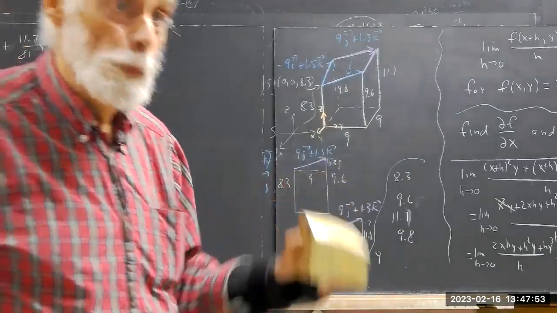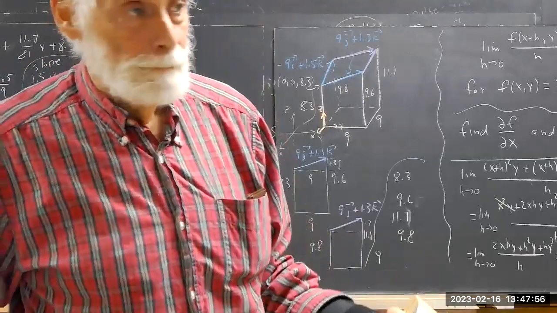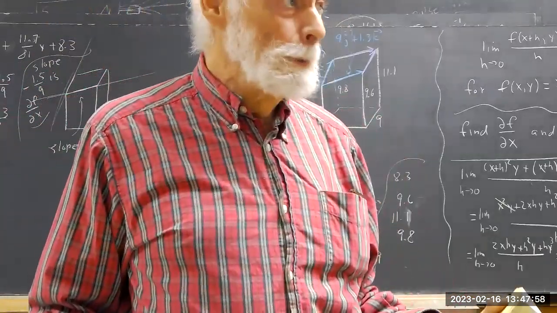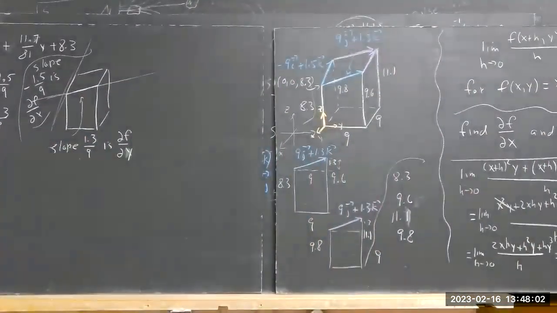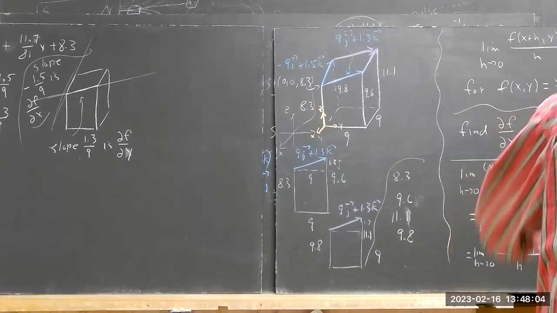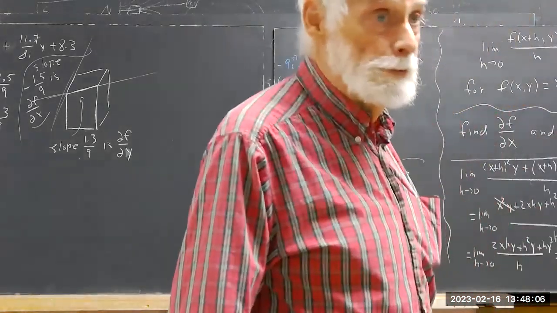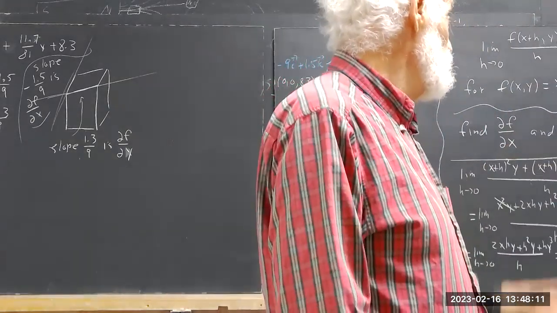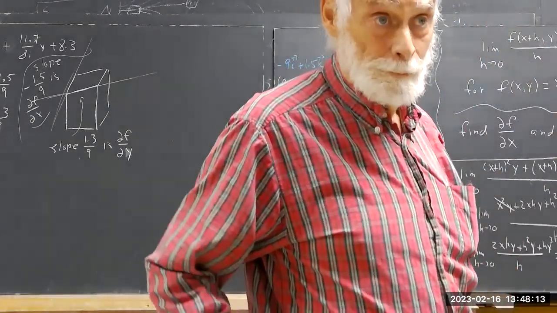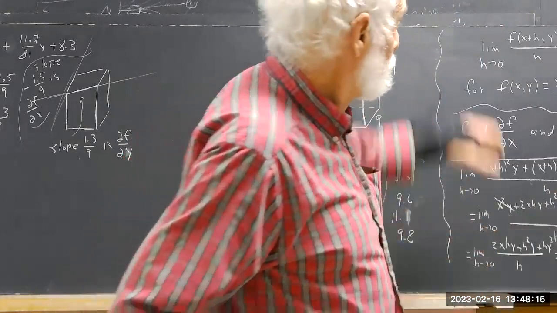Now, if I've got the equation of the function, you see that it's often very easy to calculate the partial derivative. So if we go to the function we started with, x squared y plus y cubed x, take the point (2, 3). Okay, x is 2 and y is 3.